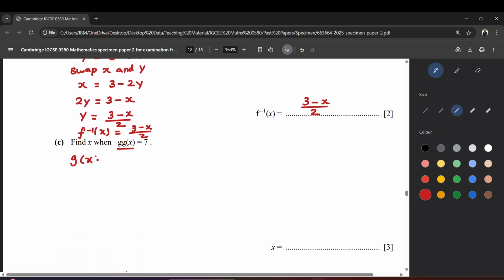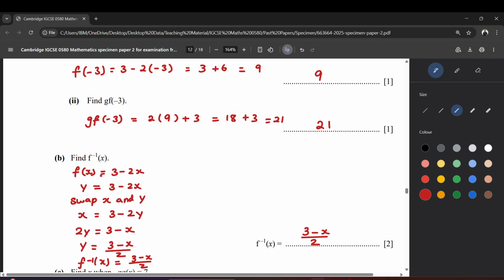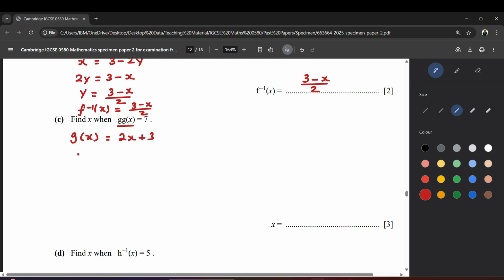First of all, let me write this down. g of x is 2x plus 3, right? Yes. So g of g of x will be 2 times, now instead of x, you're going to write the whole thing, 2x plus 3. Then you're going to continue, plus 3. Now simplify this. This is equal to 7.